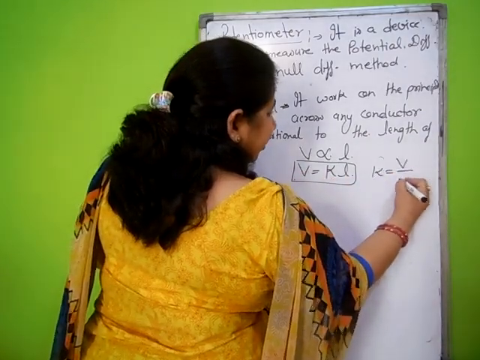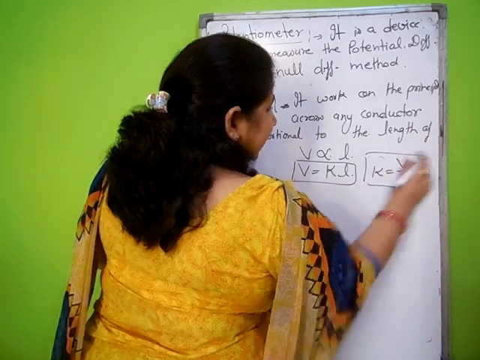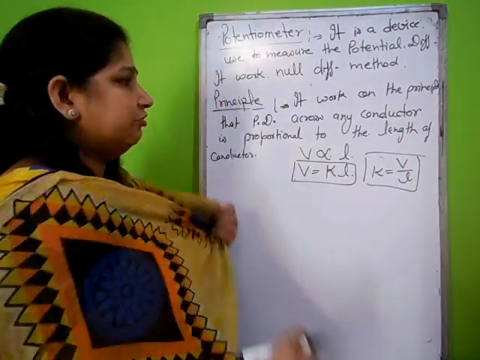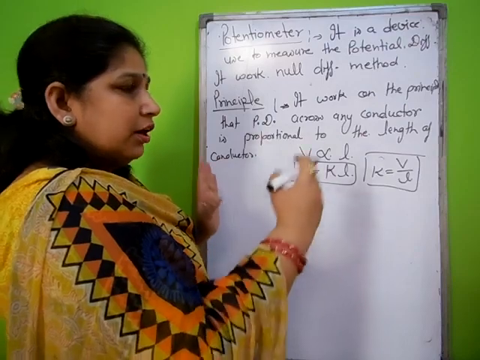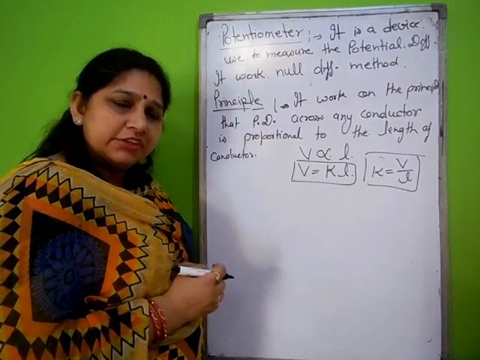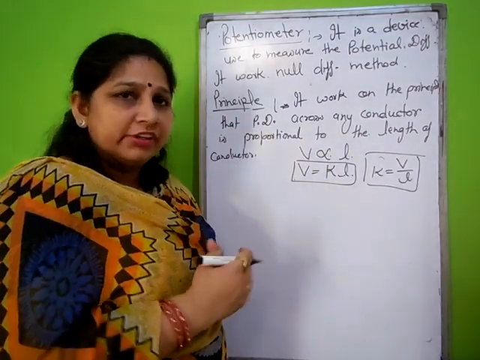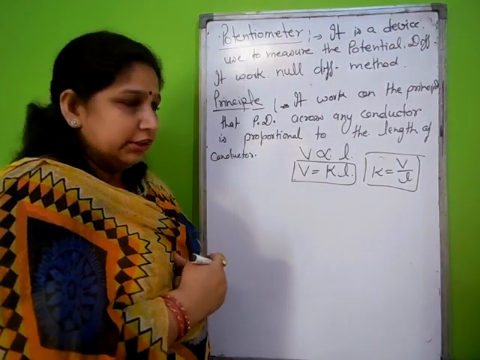How can we find the value of K? As K is equal to V upon L, we can find the value of K by finding the potential difference between 2 points of any conductor at different lengths of the conductor.